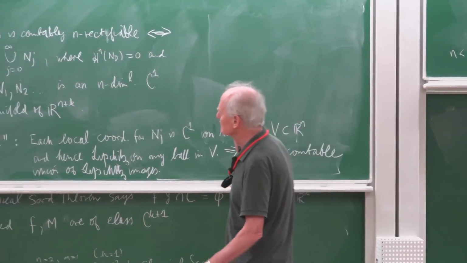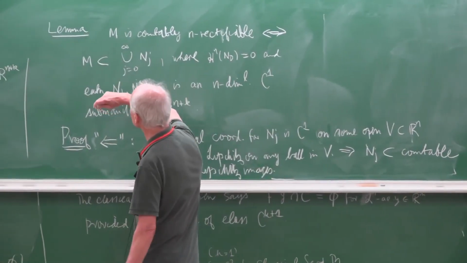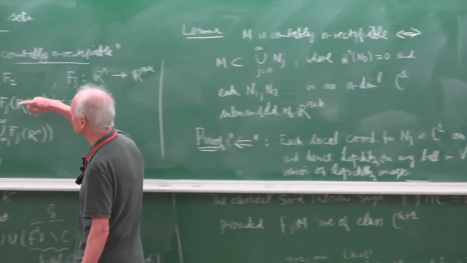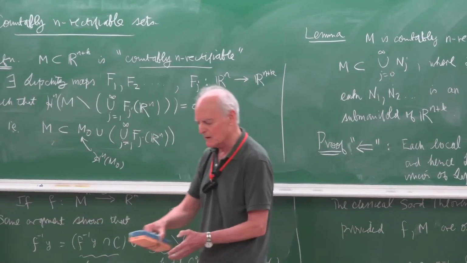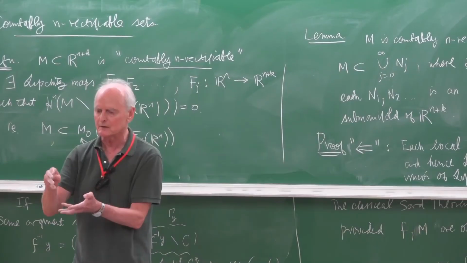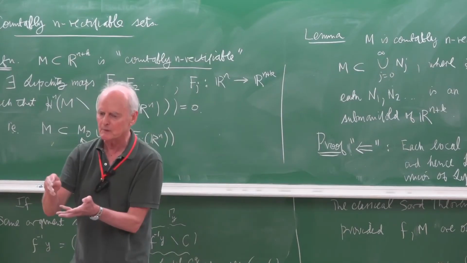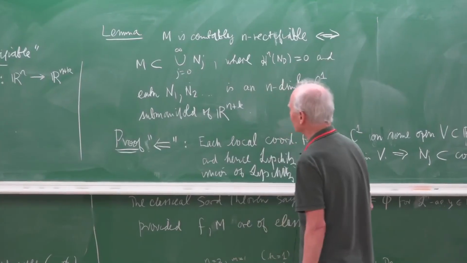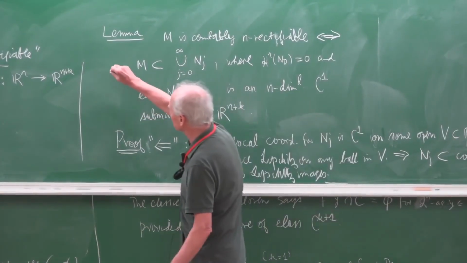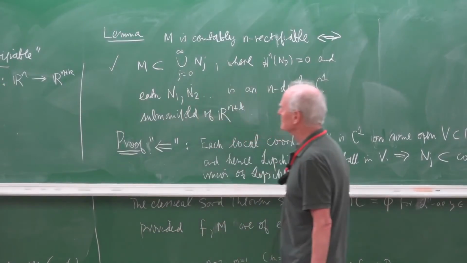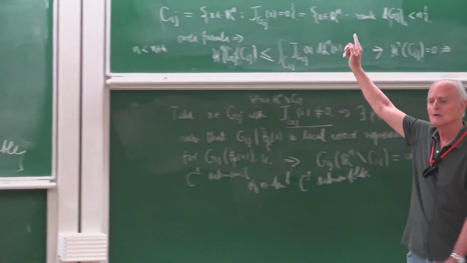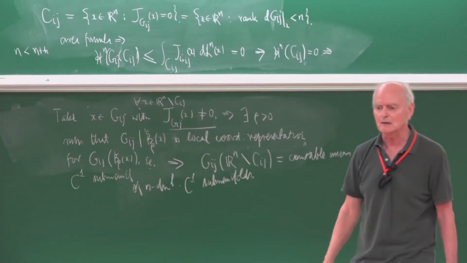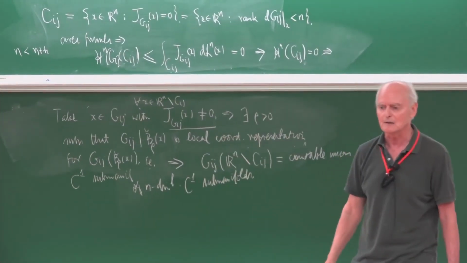So that means the entire union is contained in a countable union of C1 submanifolds together with a set of measure 0. So that's it. Okay, so this turned out to be not very interesting. The only interesting step here was using the C1 approximation theorem. That's the first time we've had to use that theorem.